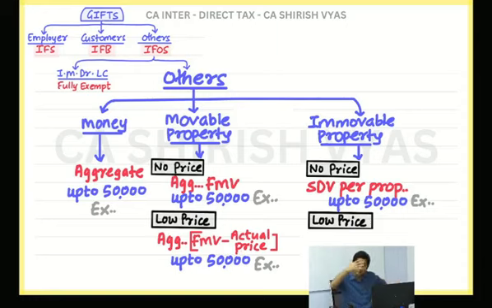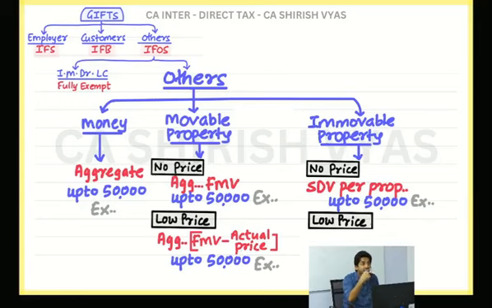So try this example once again, then I will explain the logic. I purchased a house property which has a value of 1 crore and I paid only 95 lakhs. So from the 50,000 angle it looks big. The difference is 5 lakhs, which is greater than 50,000. But for the time being, keep the 50,000 aside. Use that other rule of 10% of the actual price.